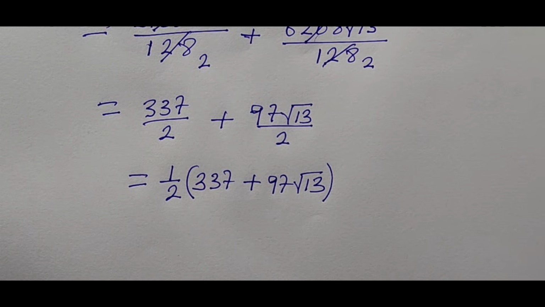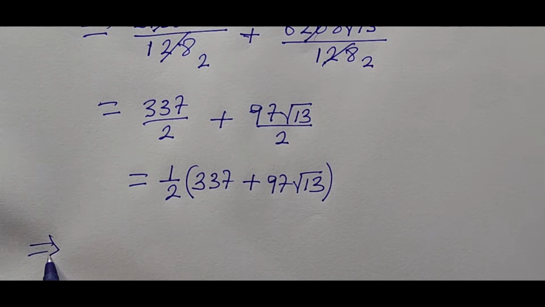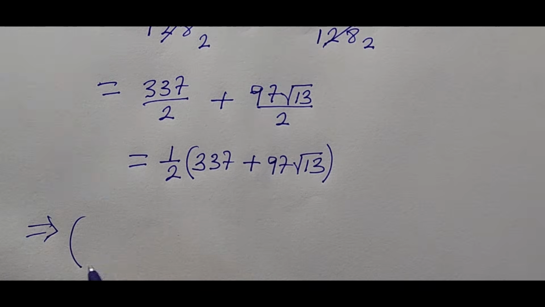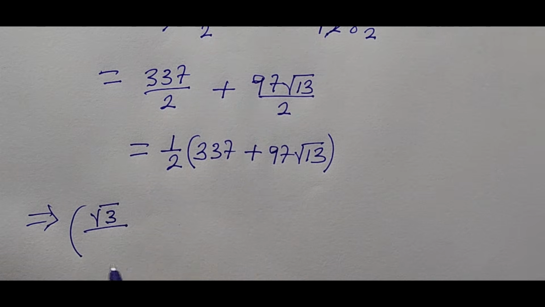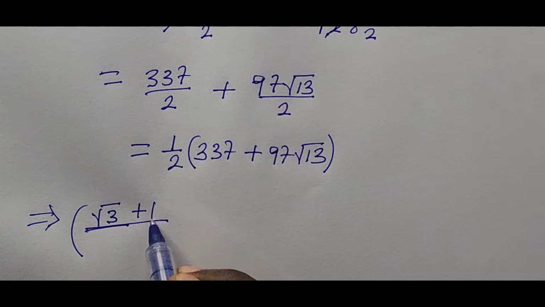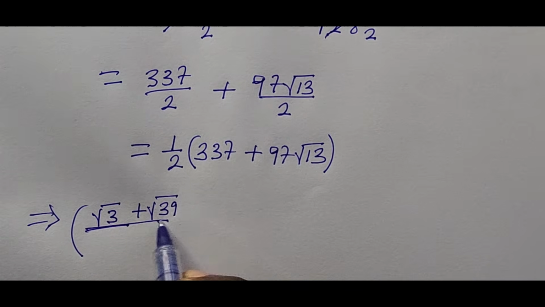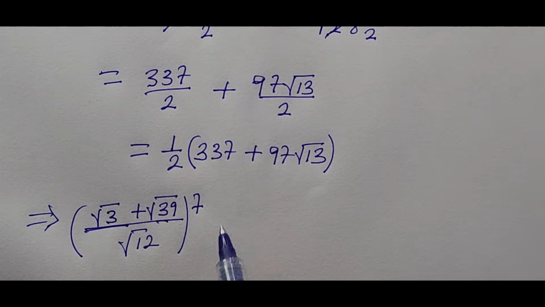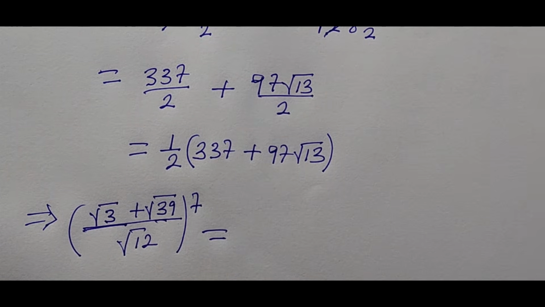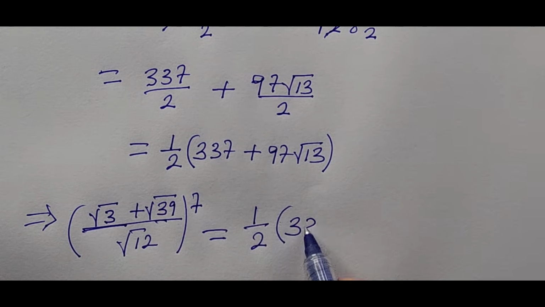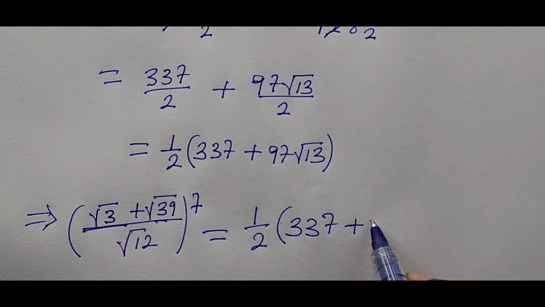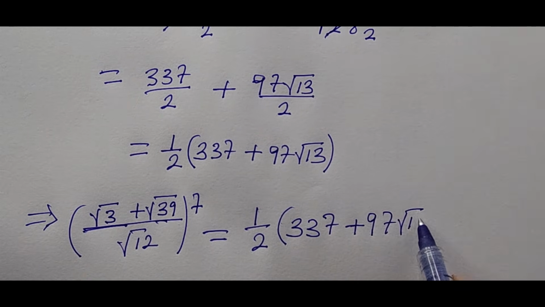So in all, if we bring our original equation, this now implies that the bracket, the square root of 3 plus root 39 all over root 12, all raised to the power of 7, when simplified, will give us 1 all over 2 into 337 plus 97 root 13.